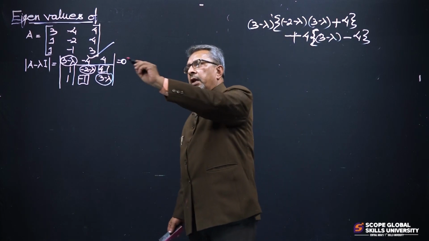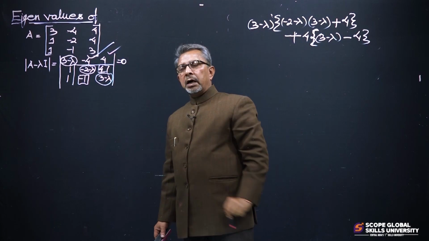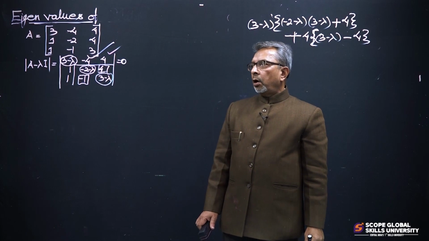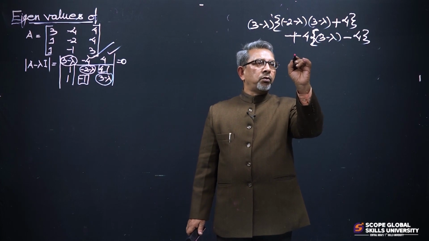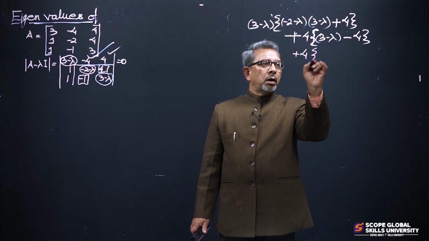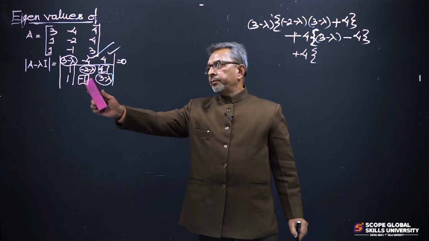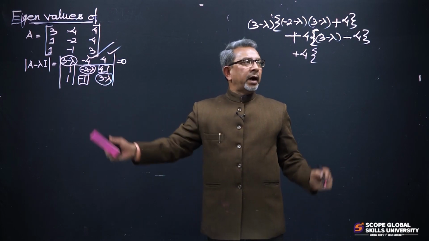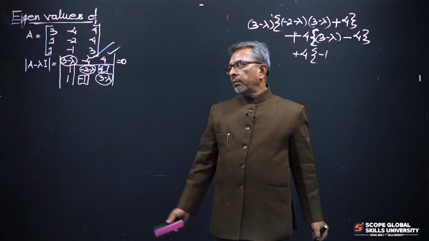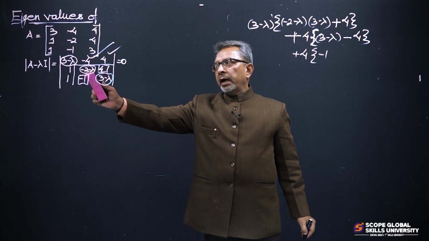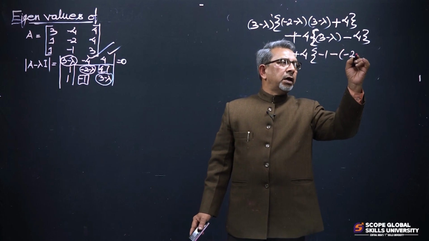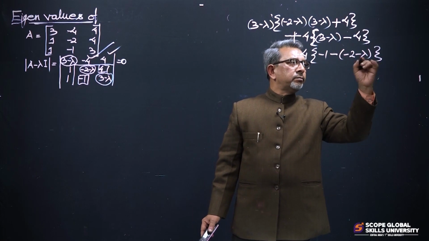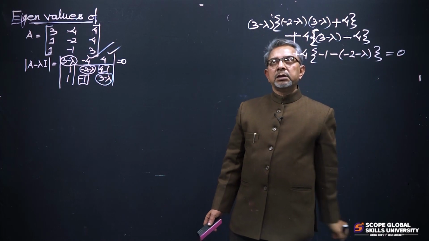Similarly, with respect to the third element on the leading row, that means on the first row, plus 4 multiplied by 1 times minus 1 is minus 1, minus 2 minus lambda multiplied by 1 is minus 2 minus lambda, and after that this is equal to 0.